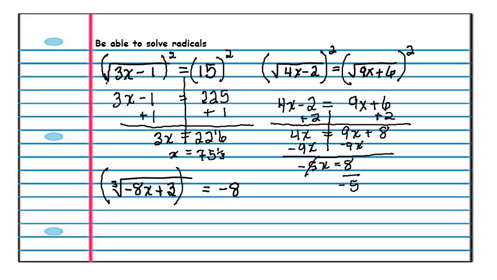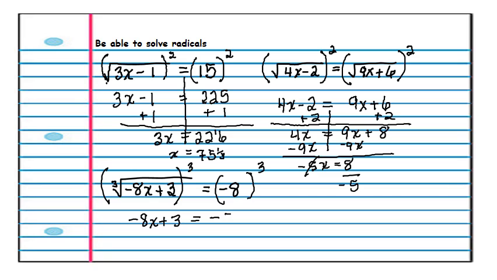Hey, this is a cube root, so that means everything's just going to go to the power of 3. Remember, our odd indexes and powers are okay to have negative results. So a negative 8x plus the 3 equals negative 8 times negative 8 times negative 8 is negative something big.